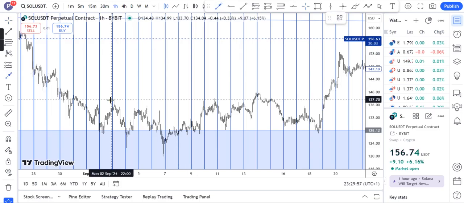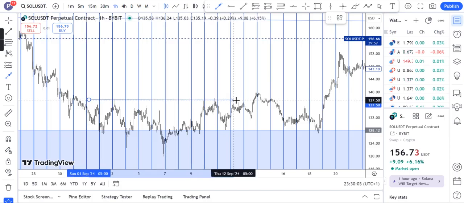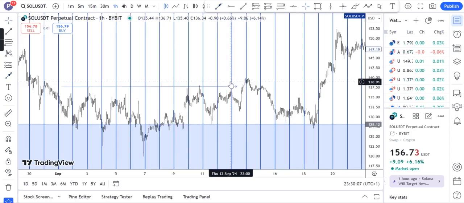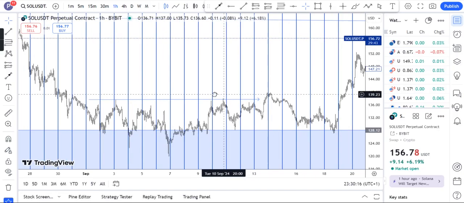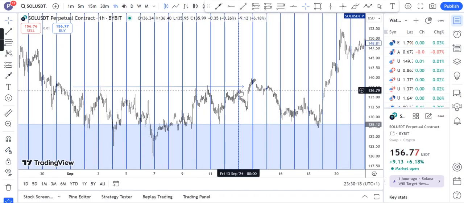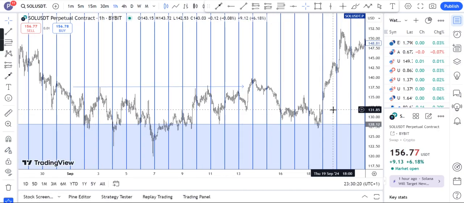So we can safely say we have market break structure at this particular point, and then market reversed into that particular area.